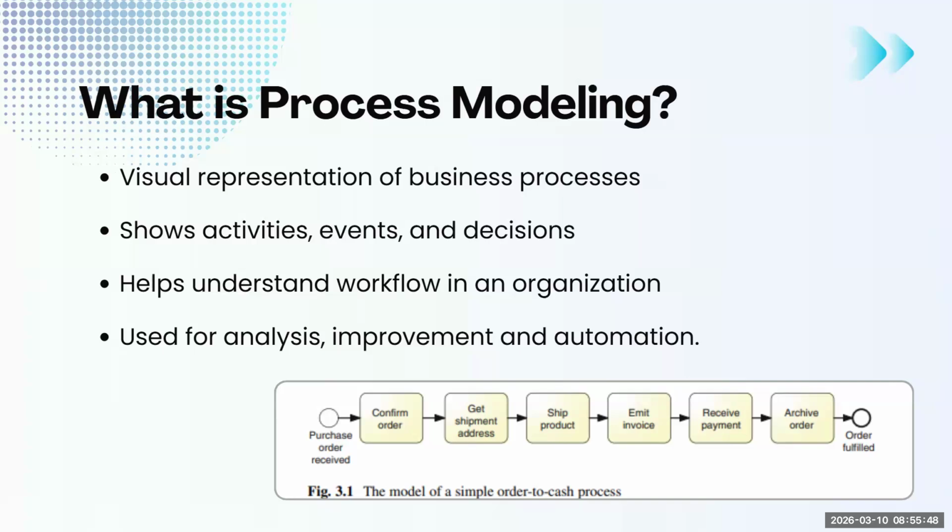For example, the diagram shown in this slide represents a simple order to cash process where a company receives an order, ships the product, sends an invoice, receives payment, and finally archives the order. This type of visual representation helps managers and employees clearly see how work flows from start to finish. Process modeling is widely used for analysis, process improvement, and automation in enterprise systems.